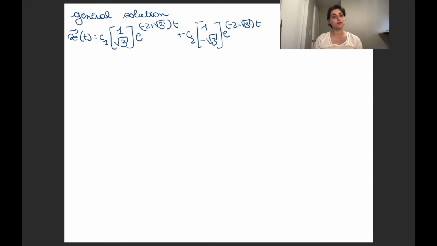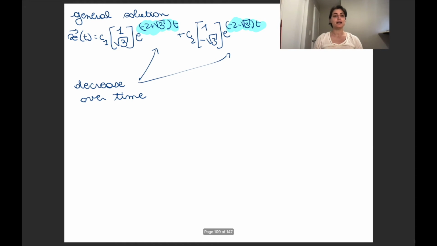So the general solution has again this structure of c1 times the first eigenvector multiplied by exponential of the first eigenvalue times t, plus c2 times the second eigenvector times exponential of the second eigenvalue times t. But now they both decrease over time. What does that mean? It means that over time the solution tends to go to 0.